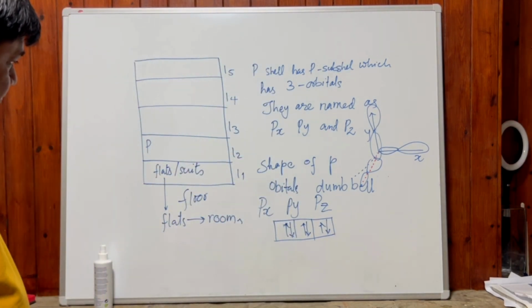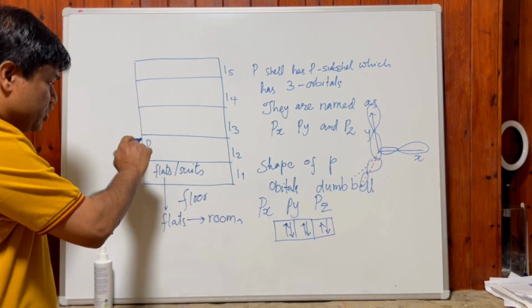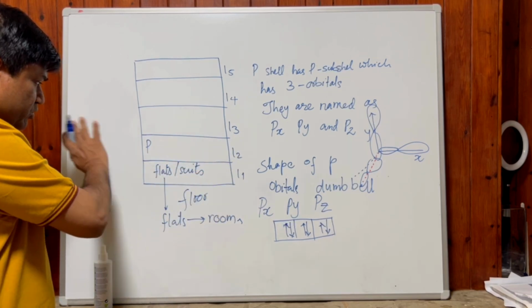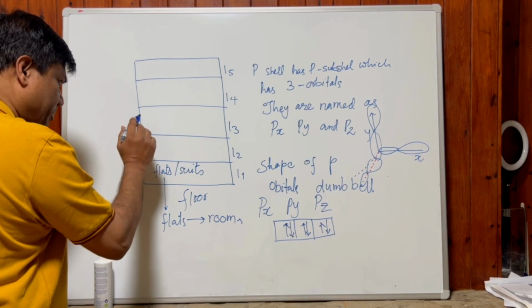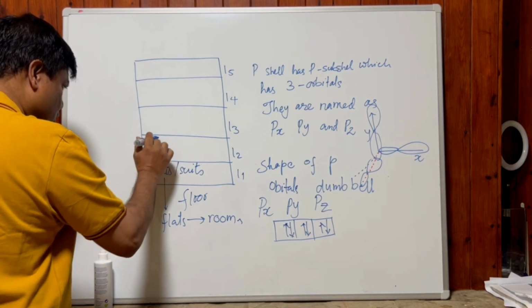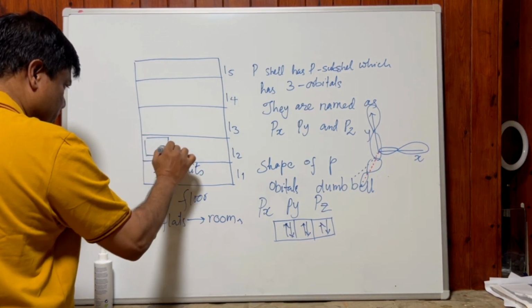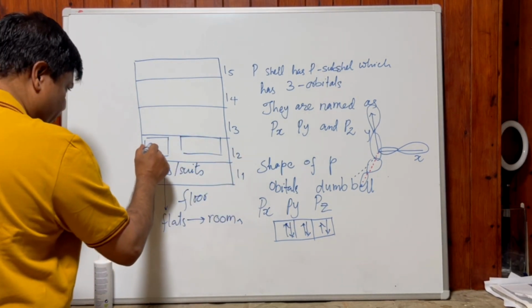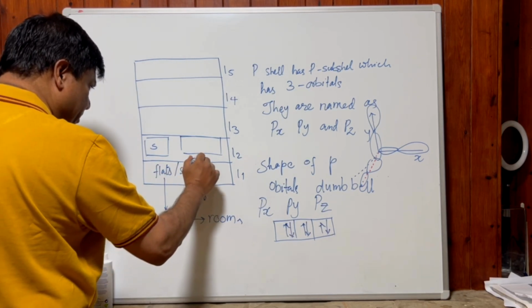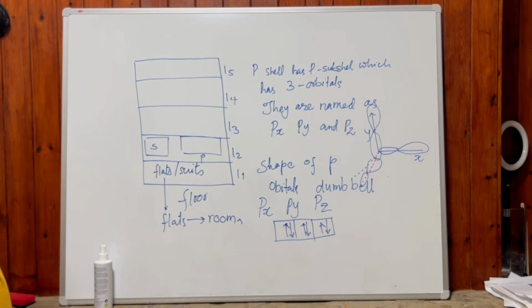Okay. Now the P shell, like my second floor, which has an S shell and the P shell, which has two flats. An S suite and a P suite or P flat.